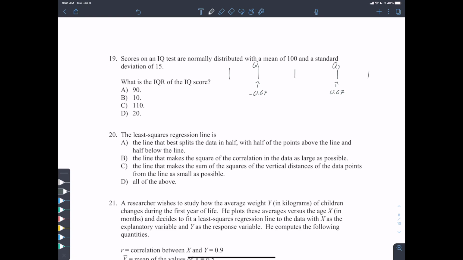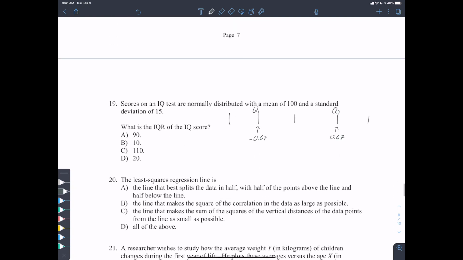We found this earlier based off of an inverse norm of 25 and of 75. And so you're just going to plug in your Z formula. Z, both of these are going to go in there, equals x minus 100 over 15, and then you can just do some math.